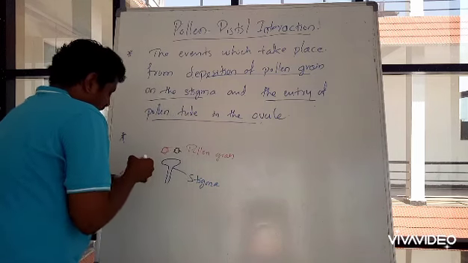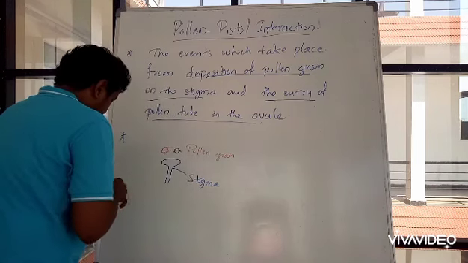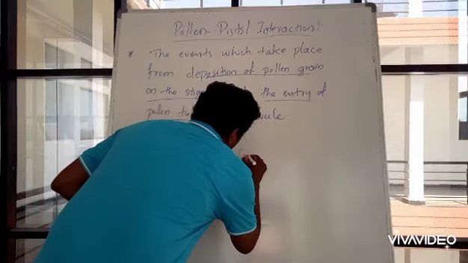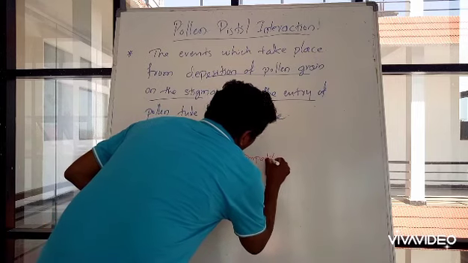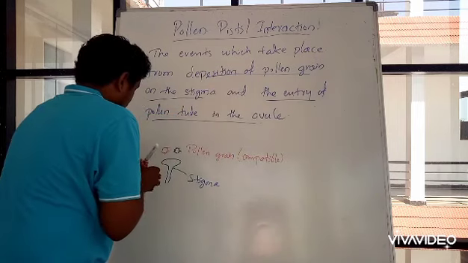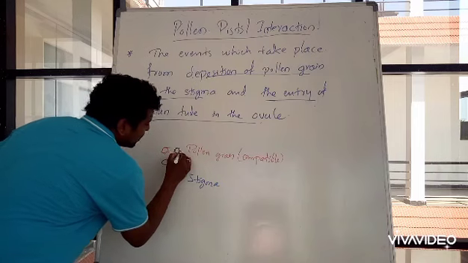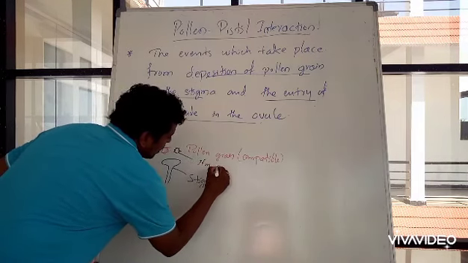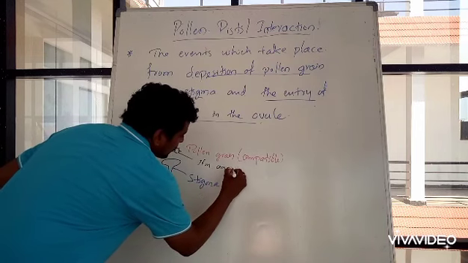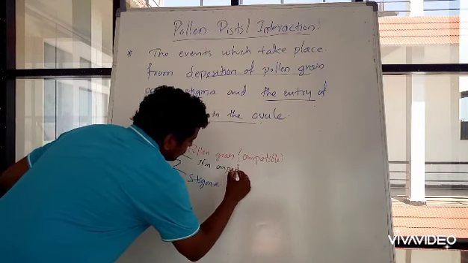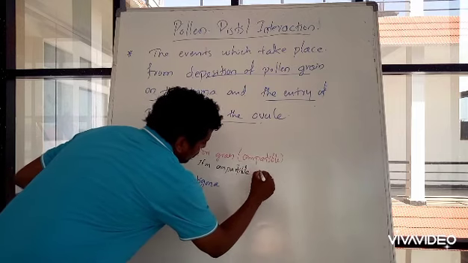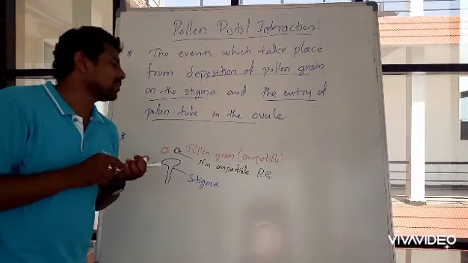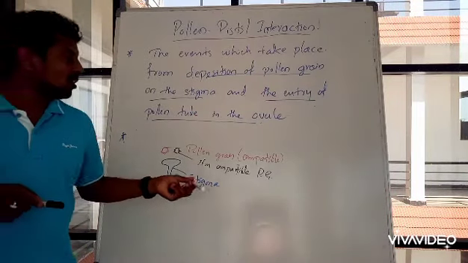So this pollen grain which I have drawn in red color is the compatible one, the compatible pollen grain. And the one which I have drawn in black is the non-compatible pollen grain.